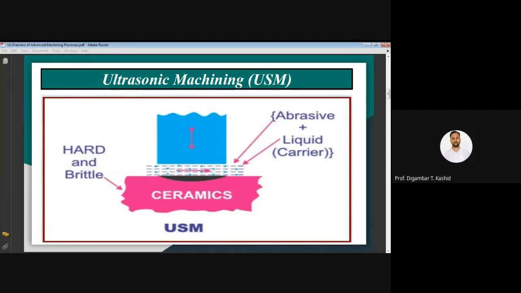Four processes may be able to cut the same material, but out of those you need to choose the best one. So what does best mean? You need to check the material removal rate, MRR. You need to check the surface characteristics, that means surface accuracy or surface finish. Here the most important property is the material removal rate.